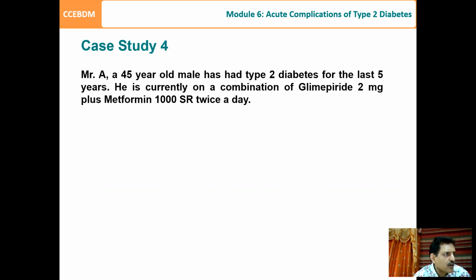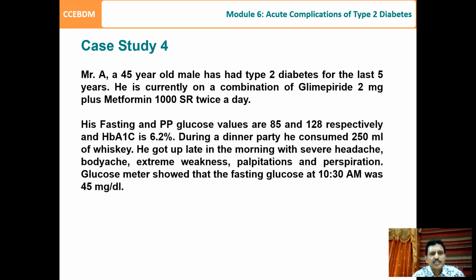Now this is a 45-year-old male who has had type 2 diabetes for the last 5 years, currently on a combination of glimepiride 2 milligram and metformin 1000 milligram twice a day. His fasting and PP blood glucose values are 85 and 128 respectively, and HbA1c is 6.2. During a dinner party, he consumed 250 ml of whiskey.